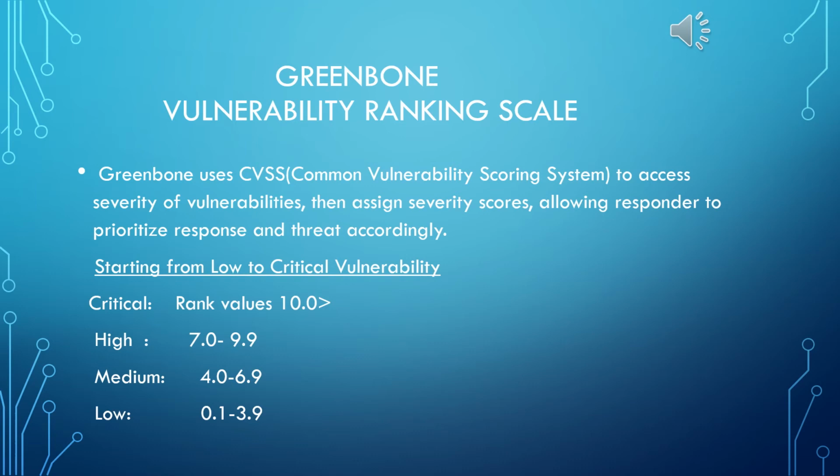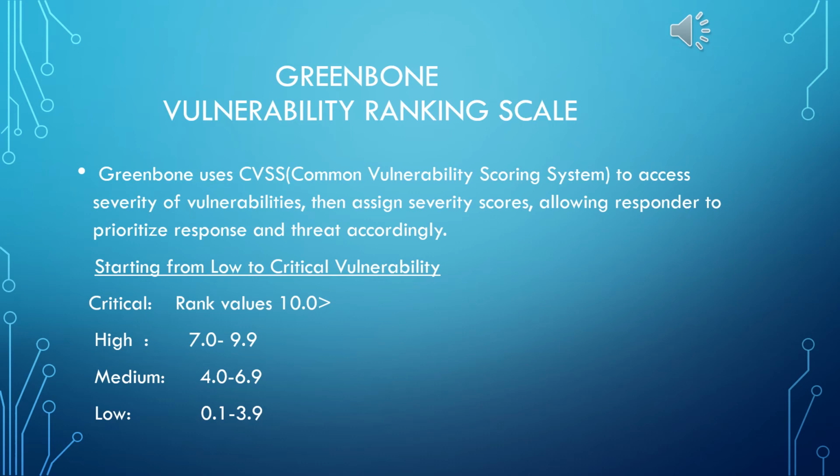Starting from low to the most critical vulnerabilities, low-ranking vulnerabilities are unlikely to be exploited, and further action might not be required for them. Medium-ranking vulnerabilities are susceptible to being exploited at some point and must be addressed and resolved.